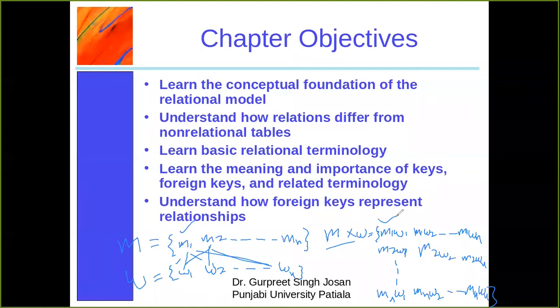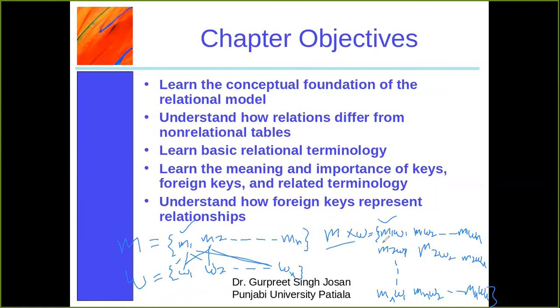Now what is a relationship? If we put some constraint on this particular set, the cross product, if we define a relationship like a relationship between husband and wife, okay, M1 and W1 are husband and wife, then this means some of the combinations are not possible.